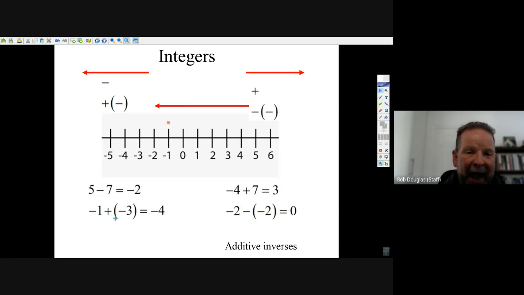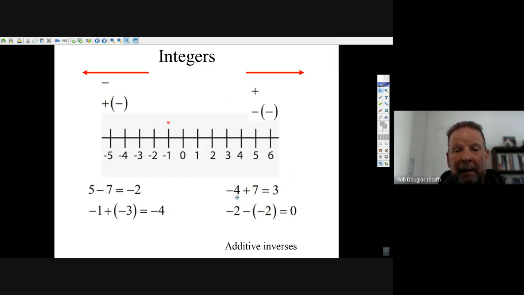If we add -3, we're going to go to the left, 3. And what's that going to take you to? -4, see? So when you add a negative or subtract, you go to the left. That's the big idea, and that's what you've got to be able to figure out.